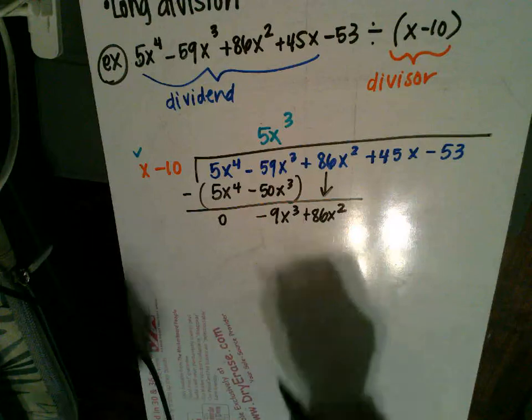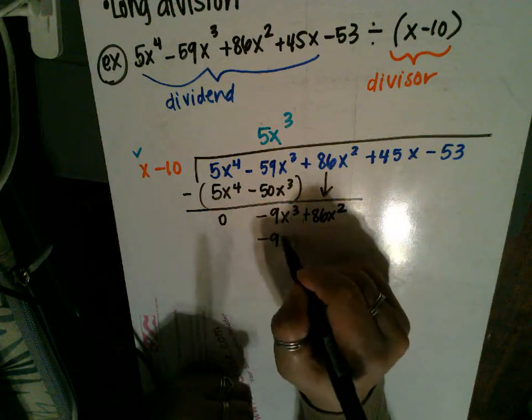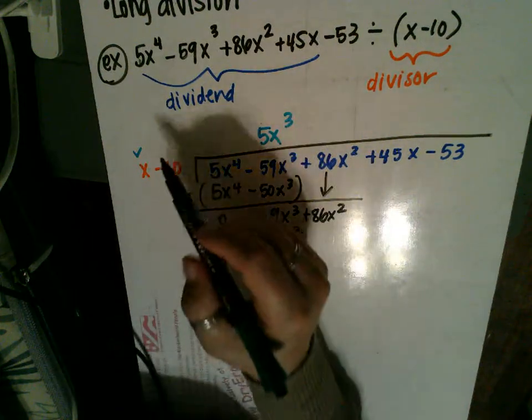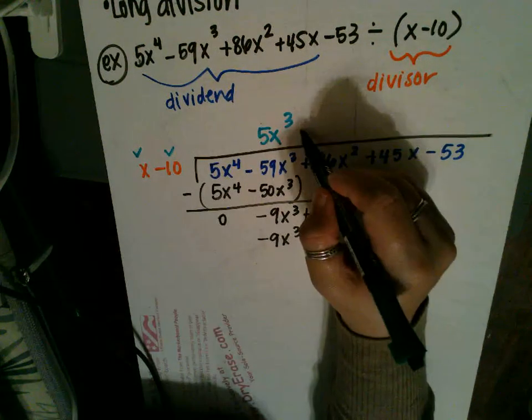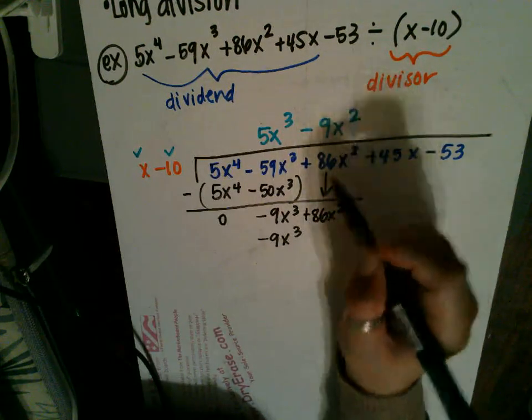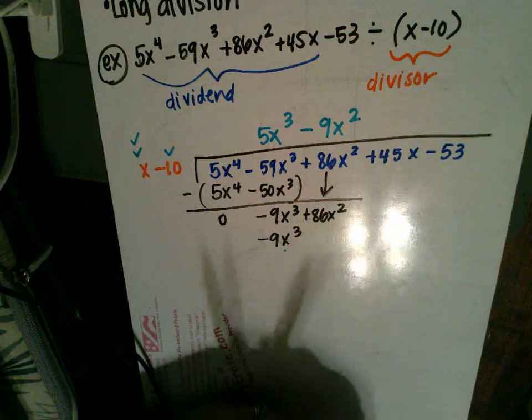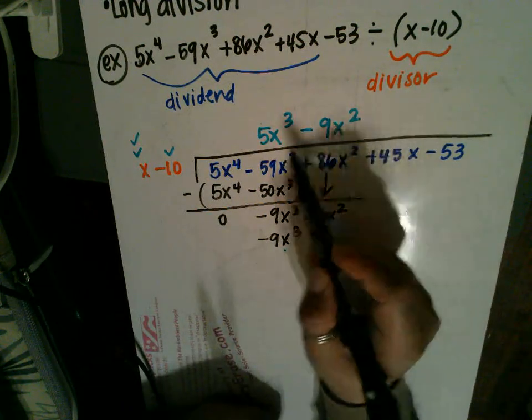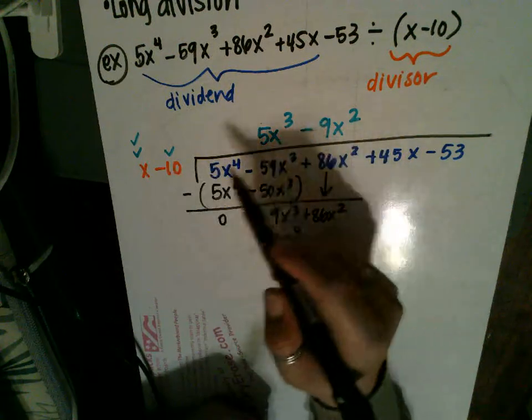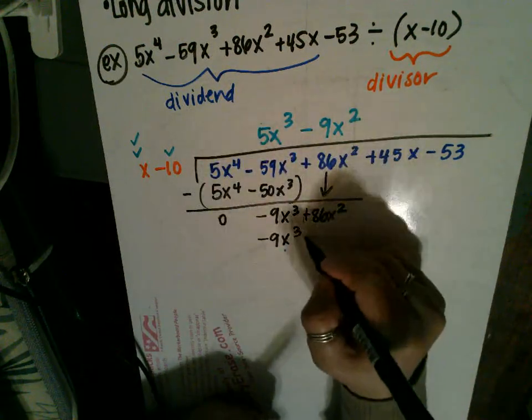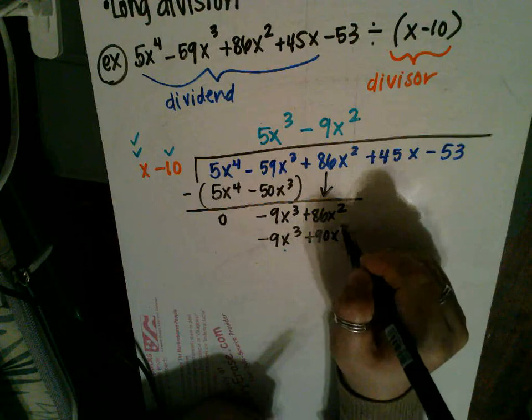Start over. I need negative 9x to the third. So x times negative 9x squared gives me negative 9x to the third. Negative 9x squared times negative 10. Negative 9 times positive 10 is positive 90x squared.